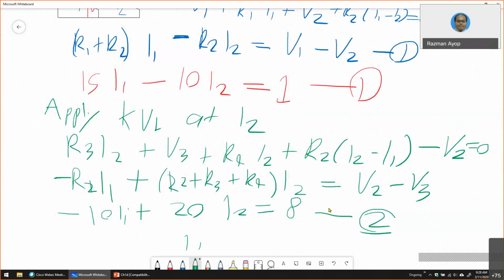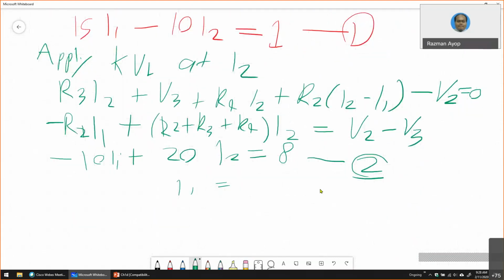So what is I1 and what is I2? Use your calculator to get I1 and I2. Don't forget to clear first.